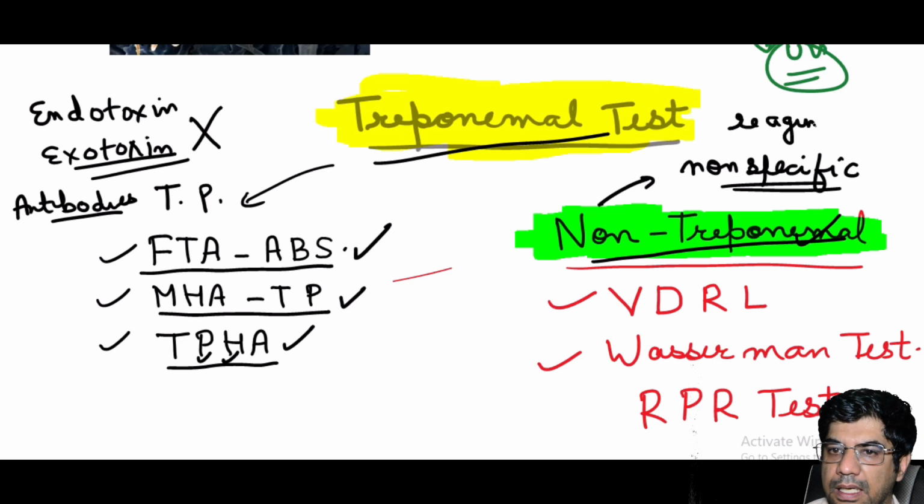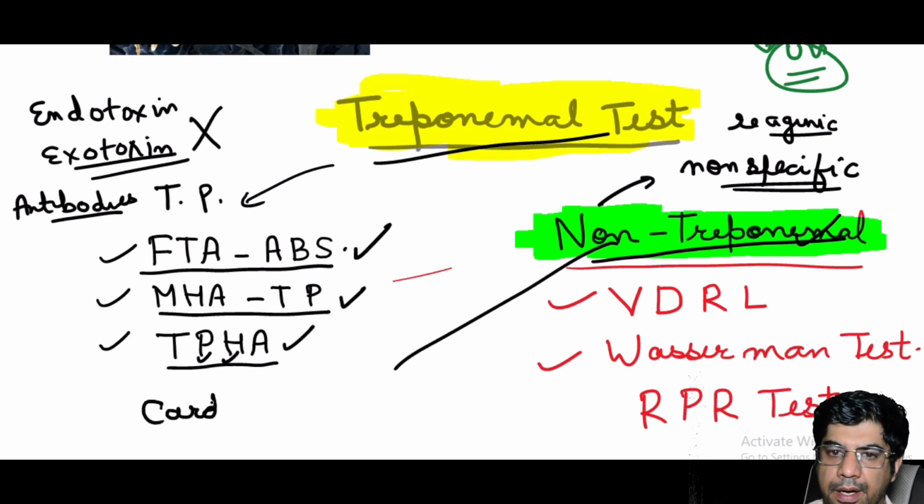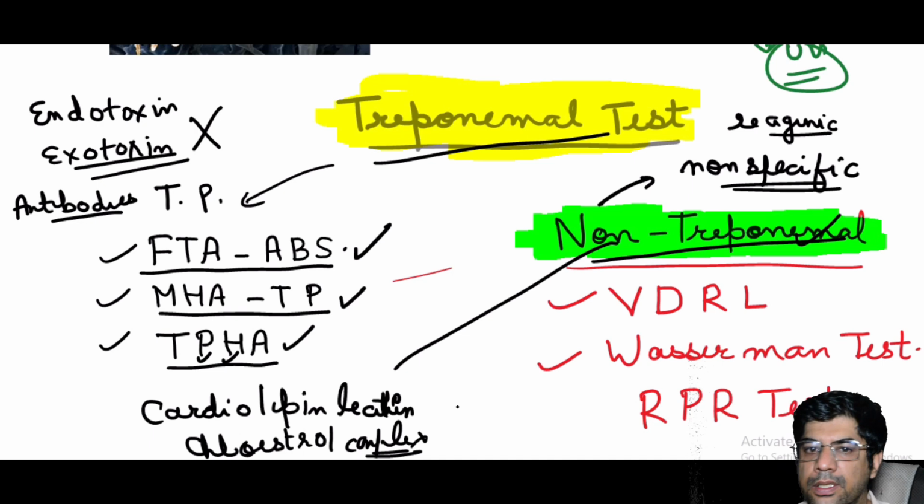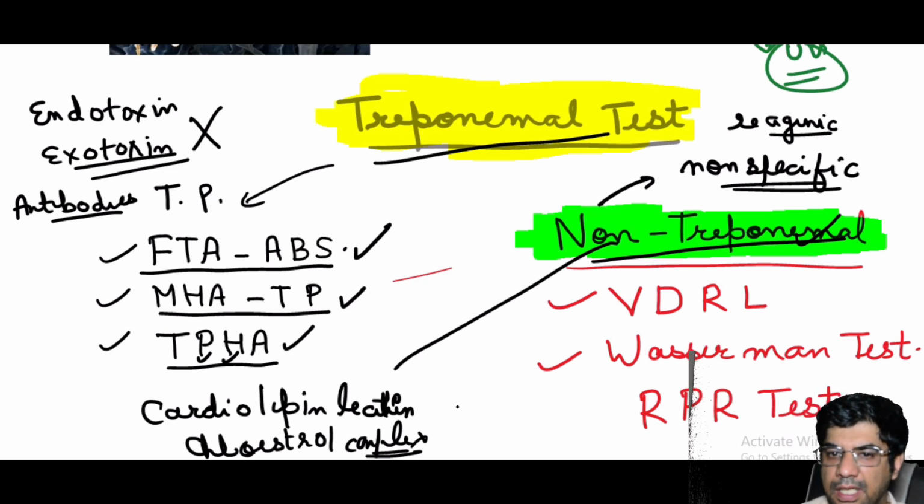Whereas the non-treponemal tests measure non-specific reaginic antibodies against cardiolipin, lecithin, cholesterol complex. So remember, the non-treponemal tests are the blood tests that are used to screen for syphilis by detecting the non-specific antibodies that the body produces in response to cellular damage that is caused by the Treponema pallidum species.